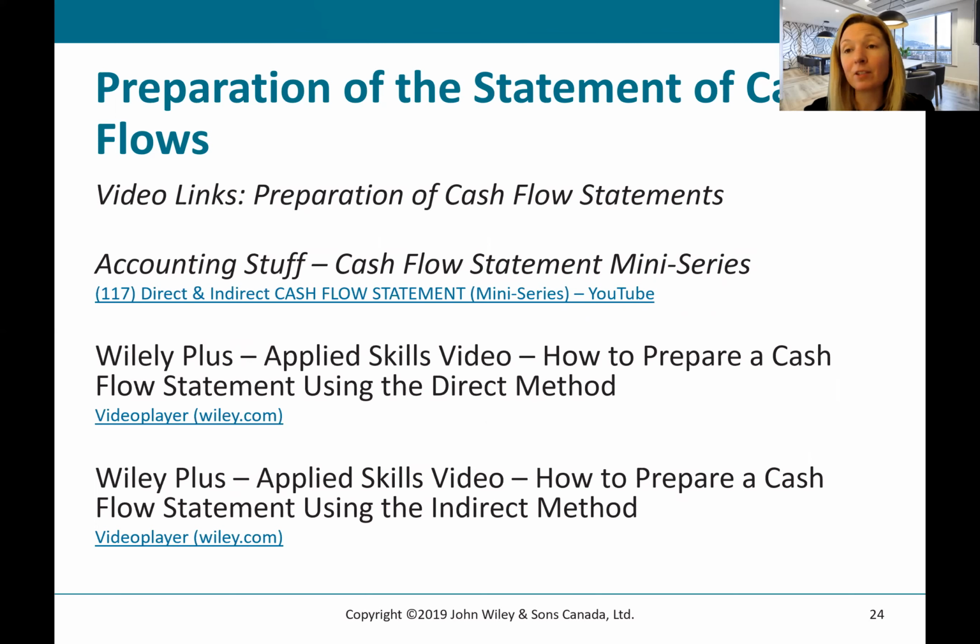So cash flow statements are complicated, and I will do my best to walk you through, and we'll go through quite a few examples in the tutorial section. But there are some really great resources out there that I want to let you know about. One of my favorite resources is called Accounting Stuff, and they have a cash flow statement mini-series. I watched this mini-series, and I think it does a great job of summing up and explaining cash flow statements.